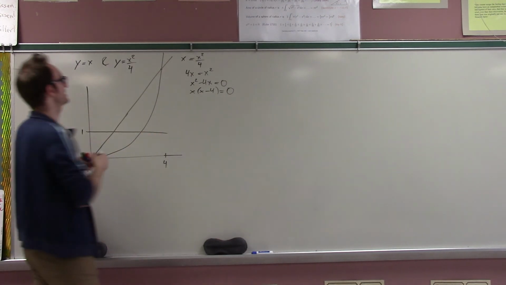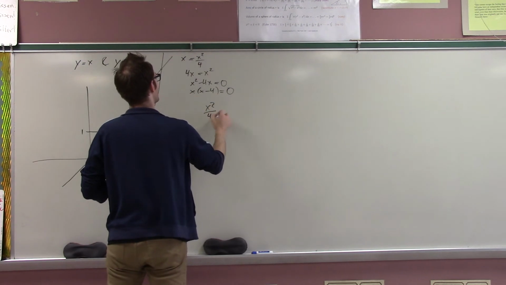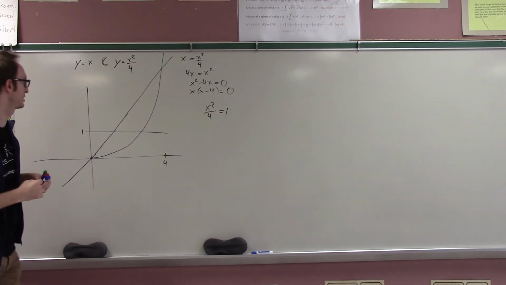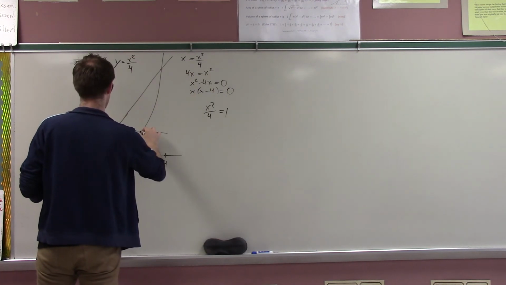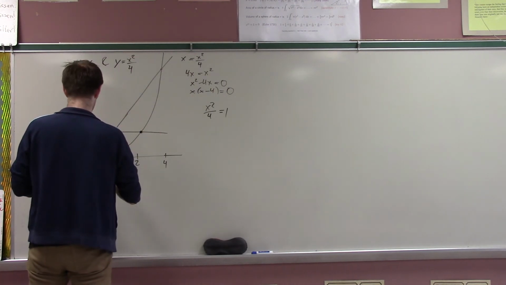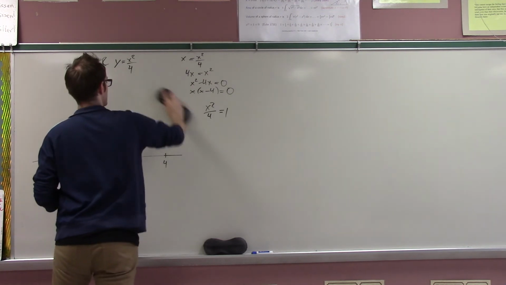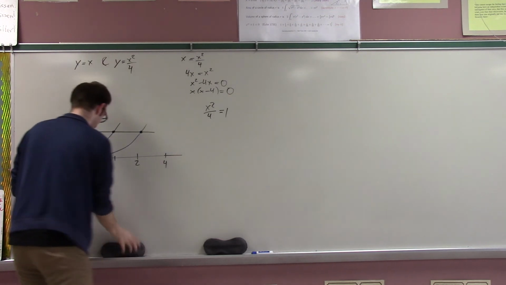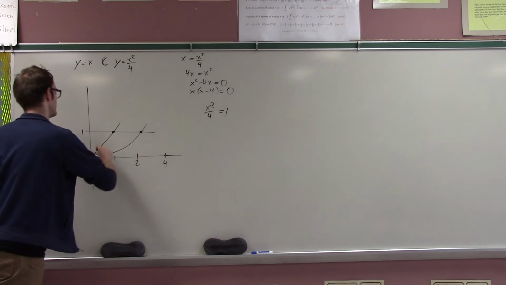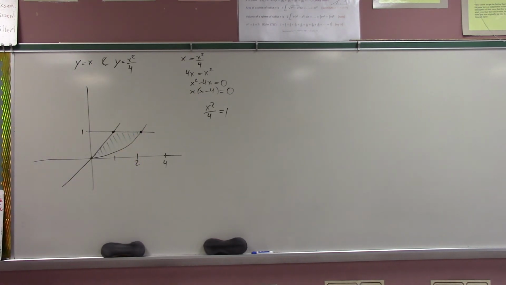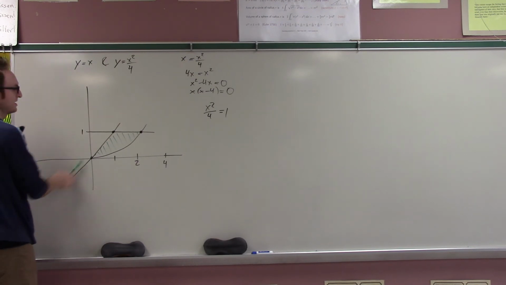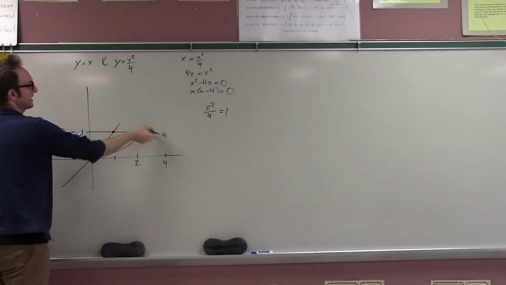And when does x squared over 4 equal 1? When x is 2, right? Okay, so contrary to my picture, which looks a little bit crappy, this is the region that I want to find the area of. It's the region in the first quadrant bounded by the line, the parabola, and the line y equals 1.